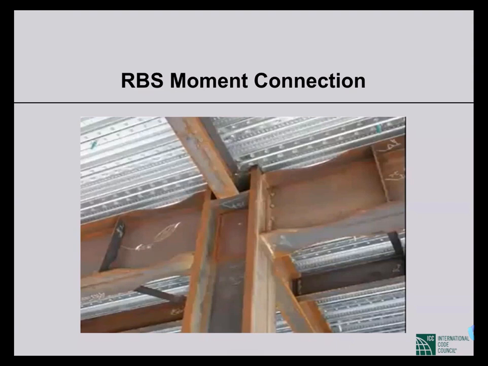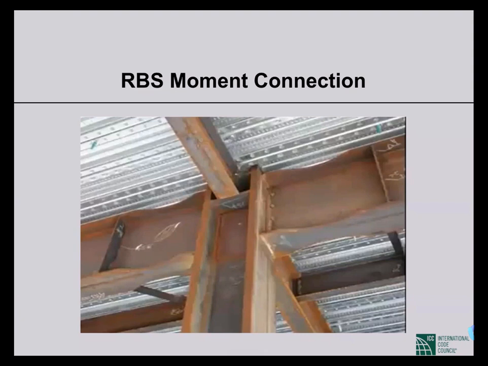So this is a special moment connection where we have a very strong panel zone, that is the beam-column joint, the connecting part. We don't want any kind of buckling in the panel zone, and we don't want any kind of kink formation between the panel zone and columns.